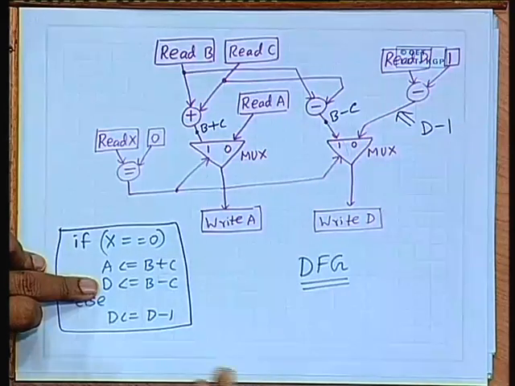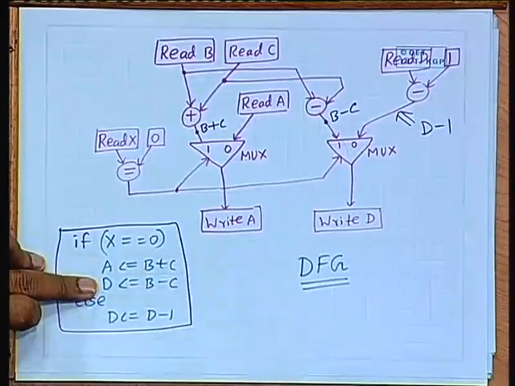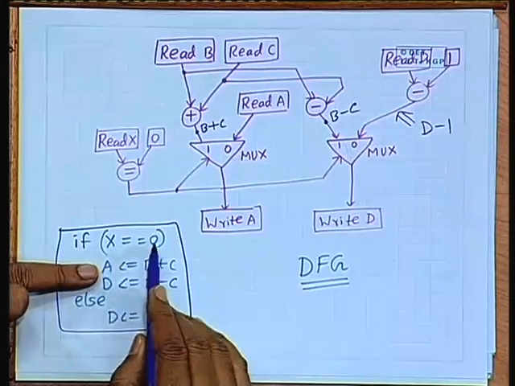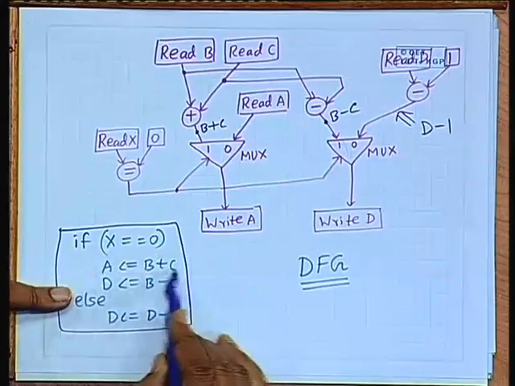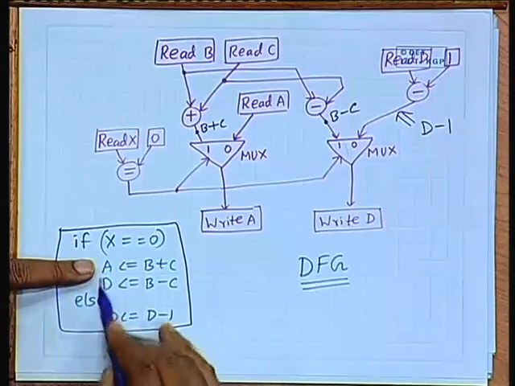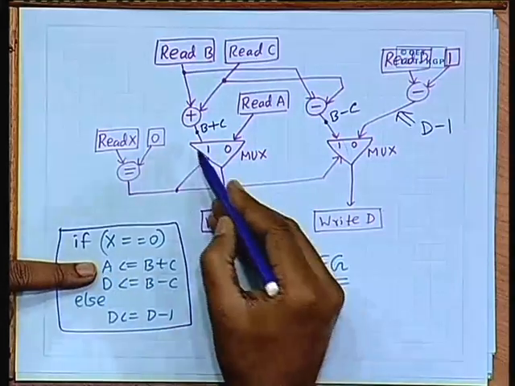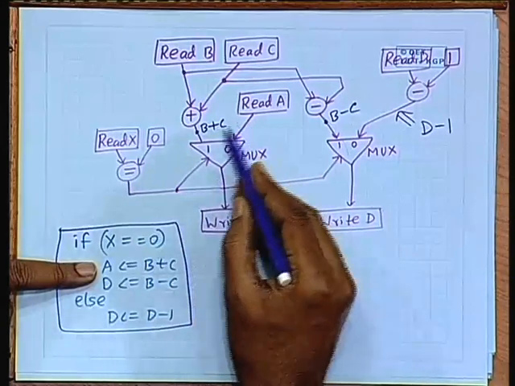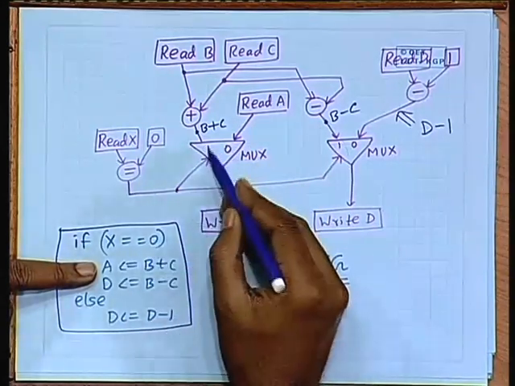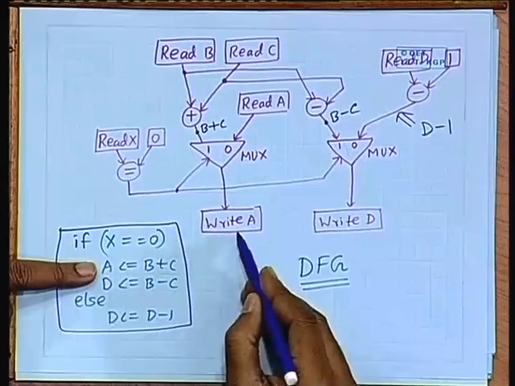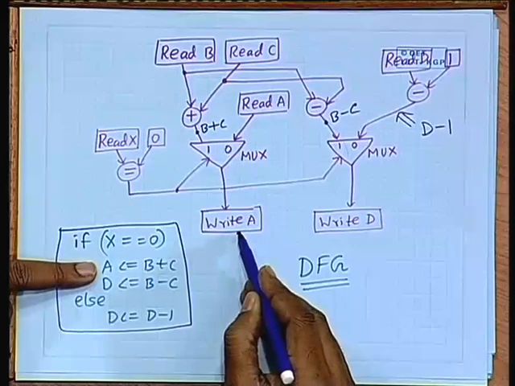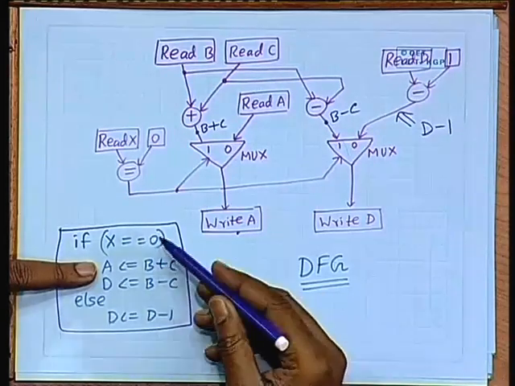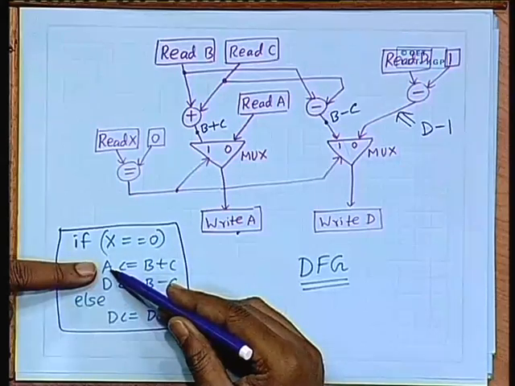Now, the synthesizer will come to know that if x equal to 0, the value of b plus c has to be assigned to a, and there is no conflict here, there is no other assignment to a. So, you put a multiplexer here, depending on the result of the comparison. If it is true, 1, then this b plus c will be stored into a, but if it is false, this description says I am not assigning anything to a.